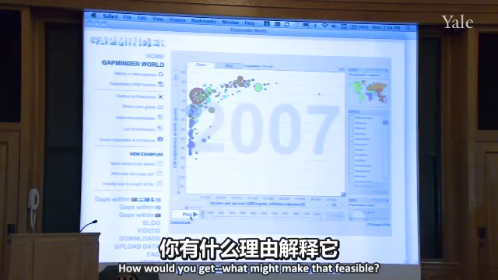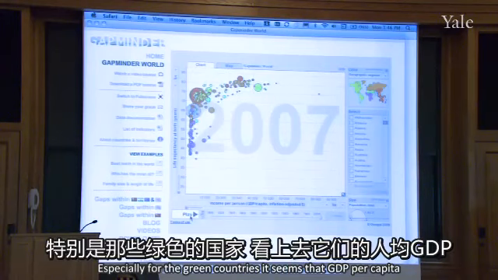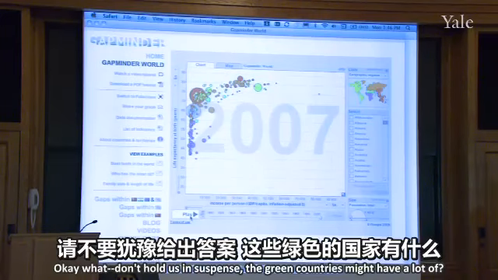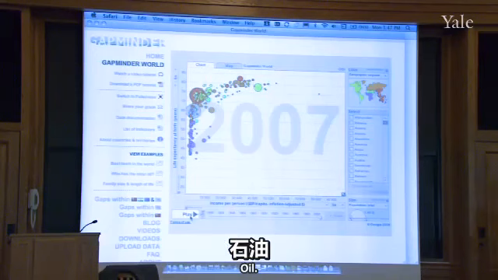What might make that feasible? Especially for the green countries, it seems that GDP per capita really spiked in a few decades. Okay, don't hold us in suspense. The green countries might have a lot of oil.